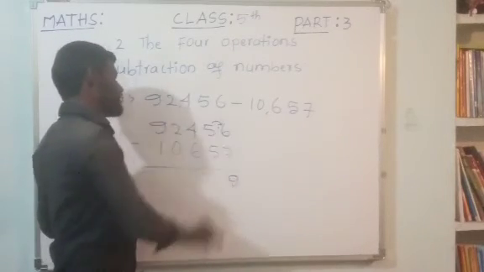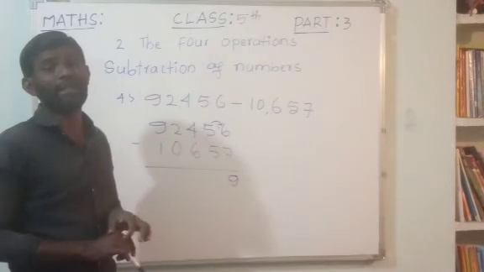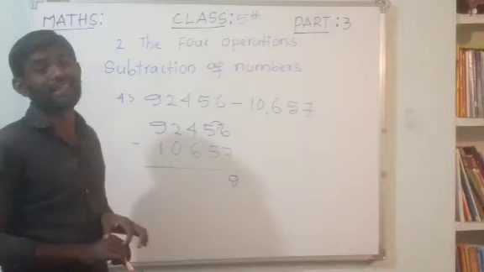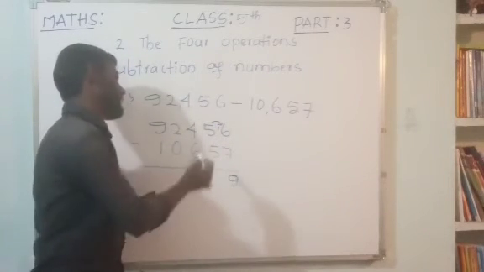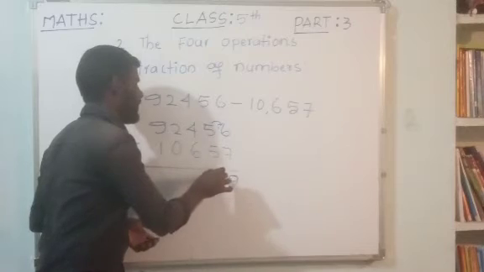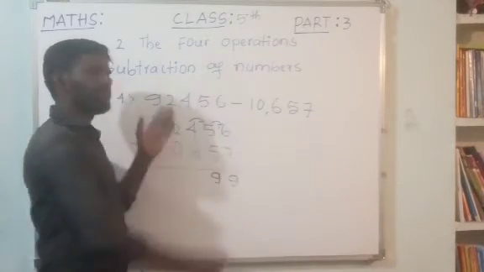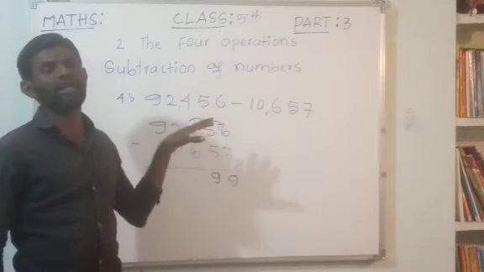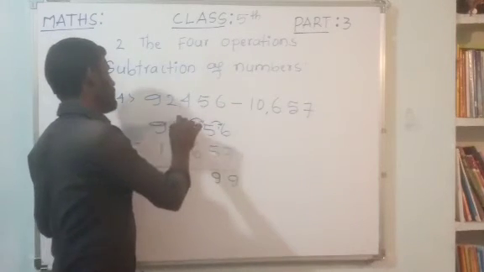Then we cannot subtract 4 minus 5. Take carry 1. That 4 will become 14. 14 minus 5 means 9 again. This 4 reduces to 3 because one was given as a carry to the 5. Take carry 1 from this one.